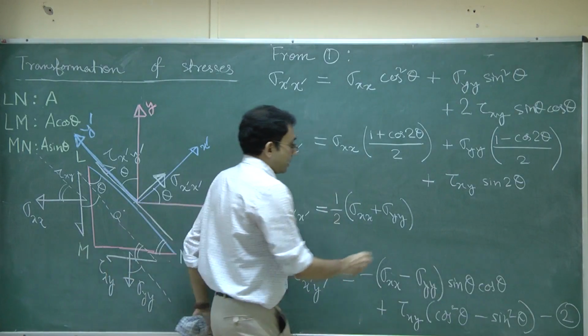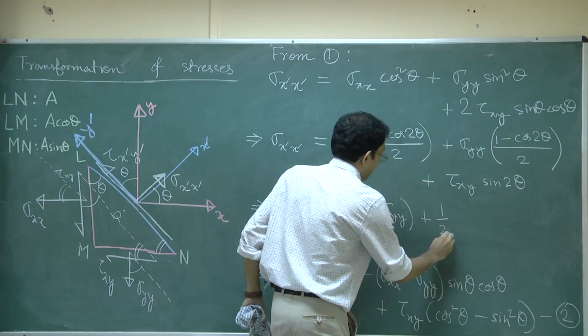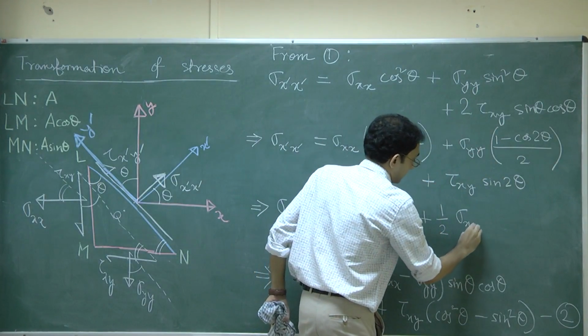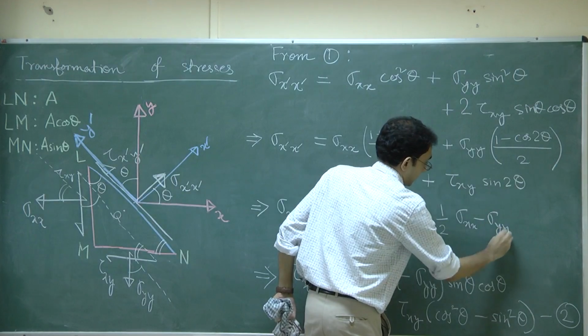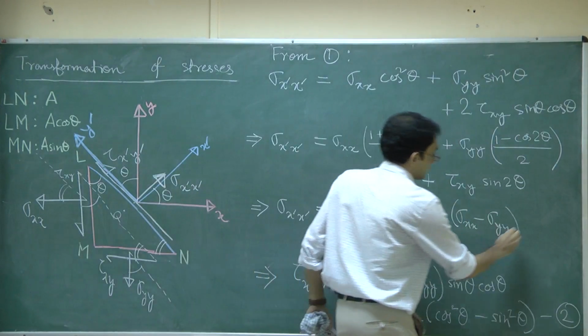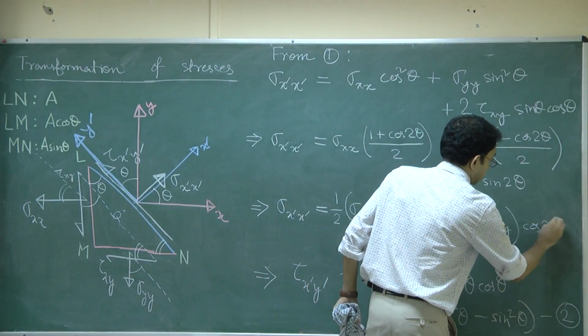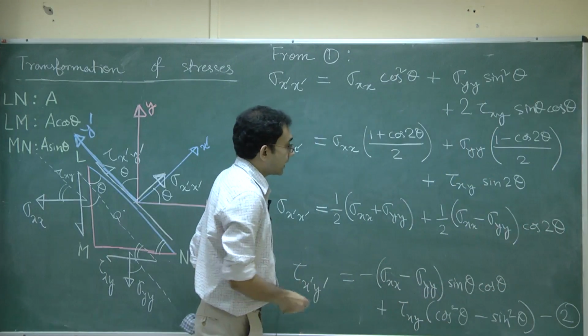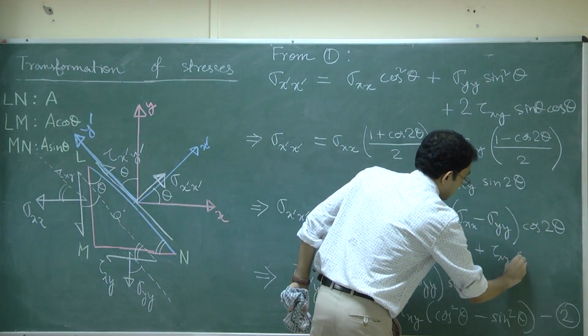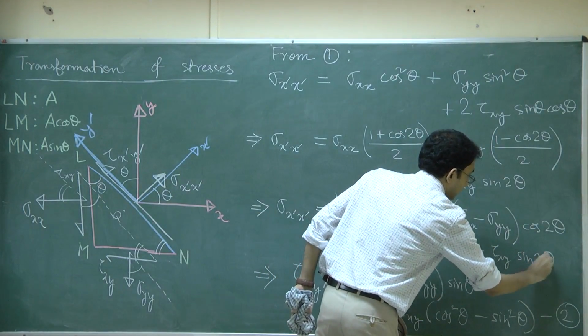Next, I write this half of sigma xx minus the sigma yy multiplied by the cos 2 theta. And let us not forget that last bit, tau xy sine 2 theta.